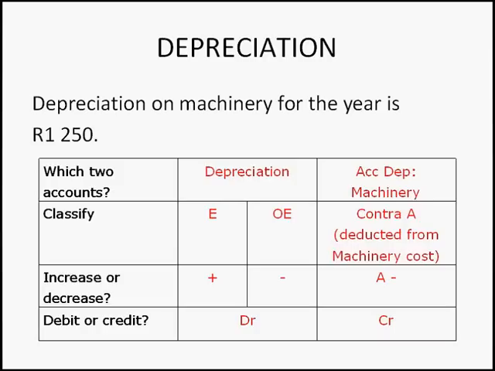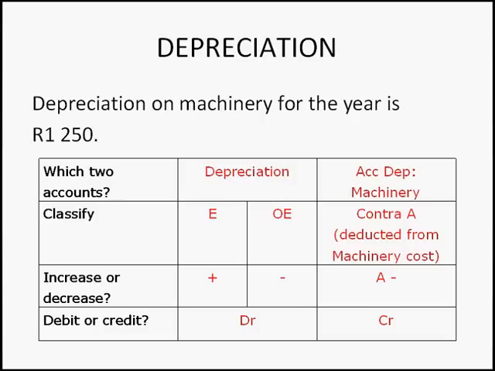So if we then look at whether it increases or decreases, we'll see that depreciation, because it's an expense, the actual expense increases. Remember, it's a non-cash item, so we didn't physically pay out money, but it reduces the profit that we have available in the business because the value of our machinery is reducing every year, so we're losing value on it.